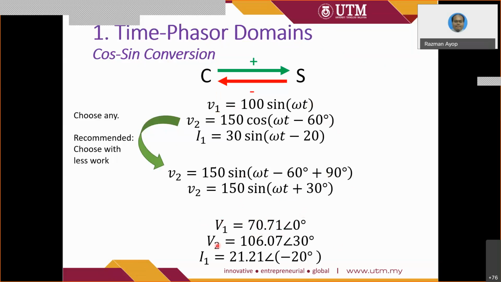Same with V2, you use the standardized one. V2, 150 divided by square root 2, you get 106.07, angle 30 degrees. Use the new angle. Same with I1, 30 divided by square root 2, you get 21.21, and the angle is negative 20. If the angle is negative, you have to use negative.